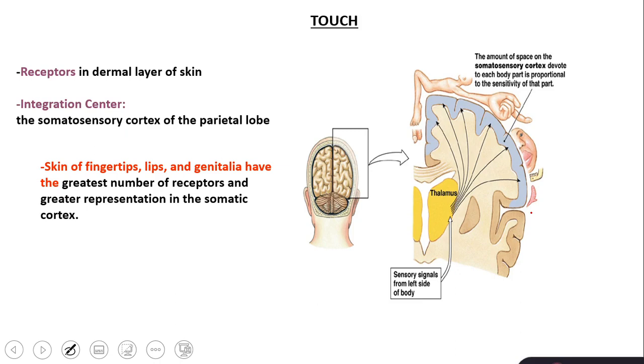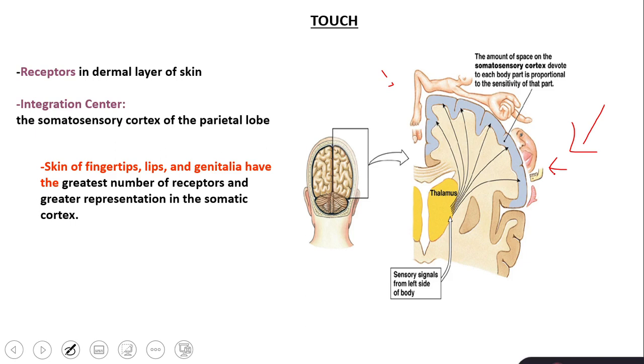You remember that the primary sensory cortex is located in the post-central gyrus, in the parietal lobe. And our body is represented there upside down. So your feet are up, face is down.